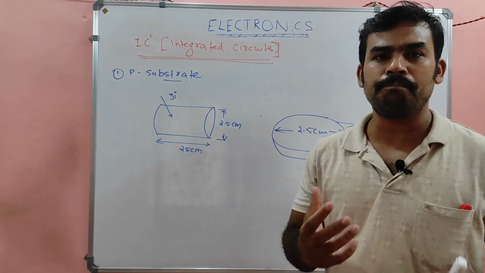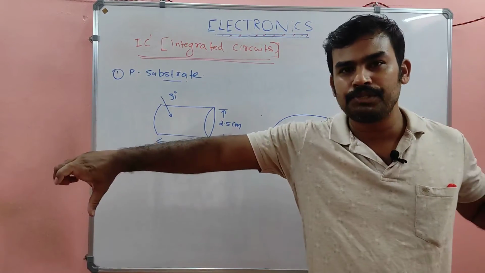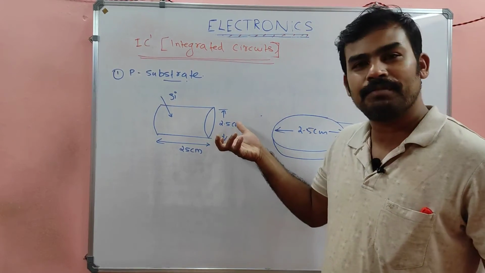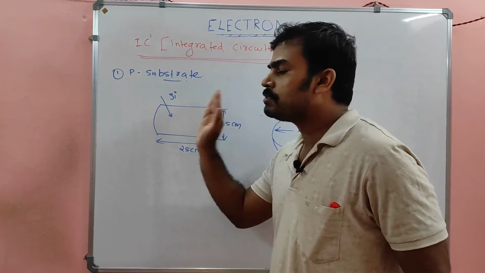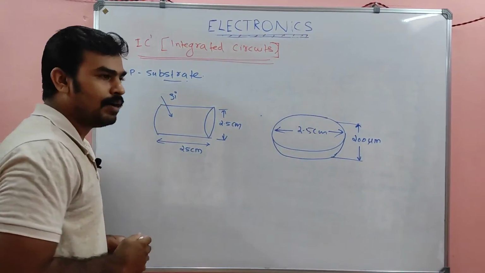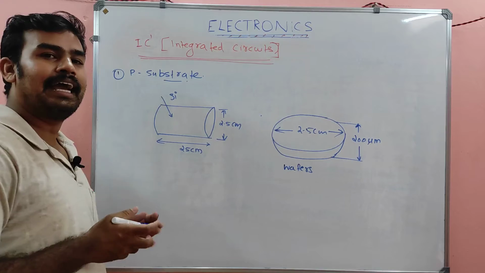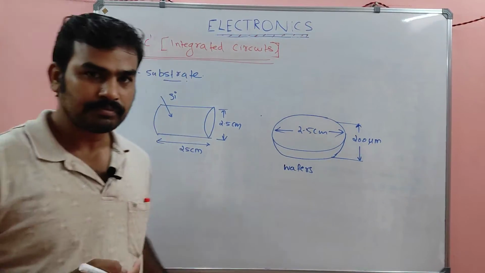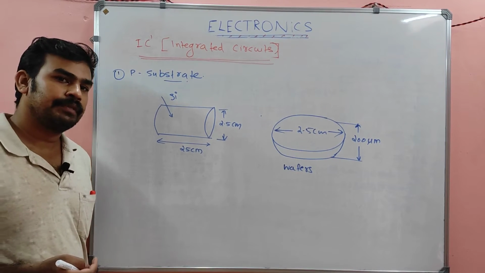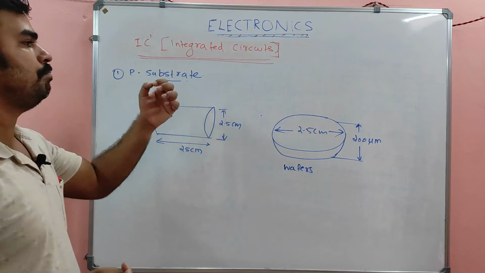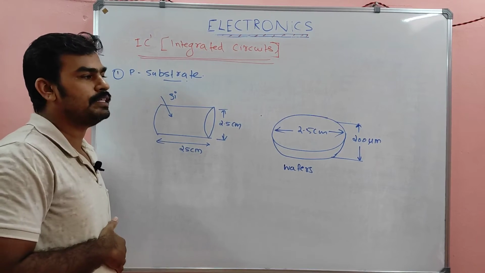Simply by taking a P-type silicon, allowing it to grow to a length of 25 centimeter and 2.5 centimeter diameter, and slicing it into small wafers, each with a thickness of 200 micrometer. Is it clear? So this is the basement of the IC.